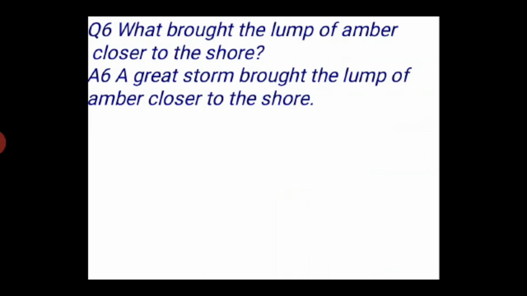Instead of wearing a coat, her father wrapped himself in his plaid. Plaid means a type of cloth, checkered cloth, a type of twilled woolen cloth. Thus, we can say that Jenny was a poor girl.